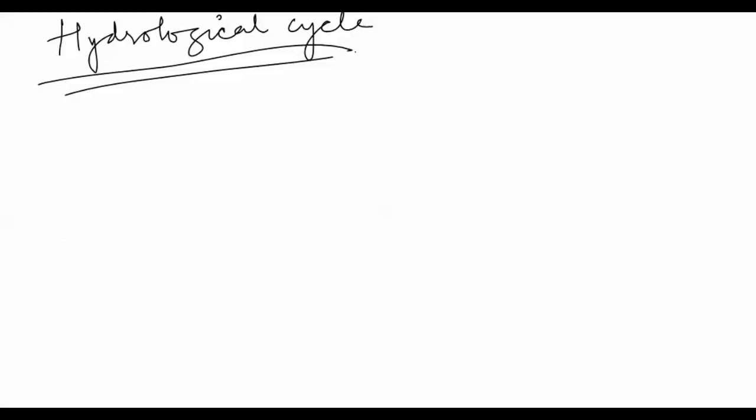So we all know that the basic resources of water on the earth are rivers, lakes, oceans, and underground sources also. They get their water supply from the rains, while the rainwater in itself is the evaporation from these sources.